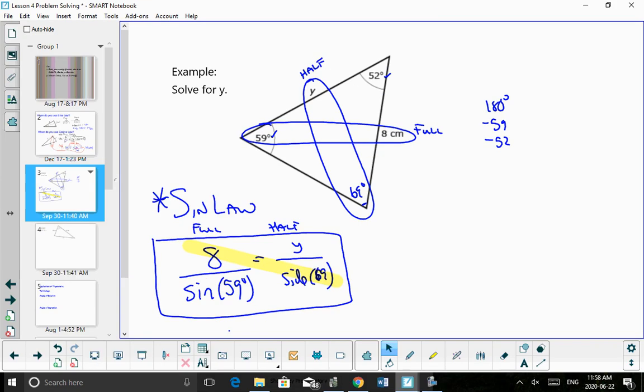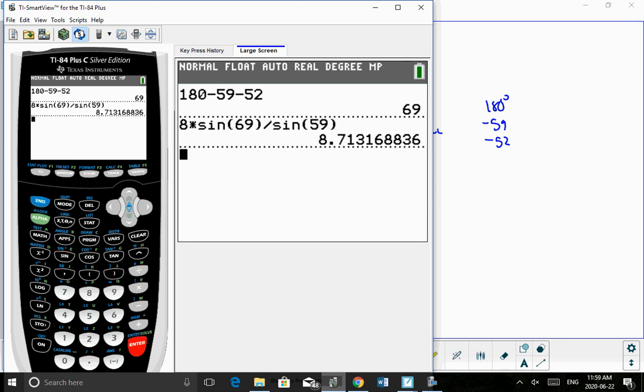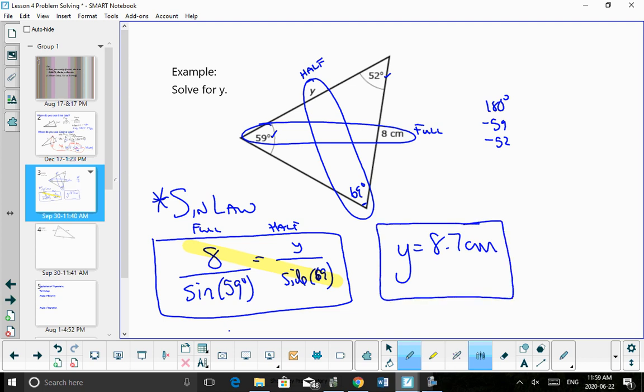So we're going to go 8 times sine 69 divided by sine 59. Now again, we're just looking for the side length, so that is the answer. So y equals 8.7 centimeters. And again, if you're not told how to round, just round it any way that you like. If you are told how to round, make sure you round it properly. Okay?